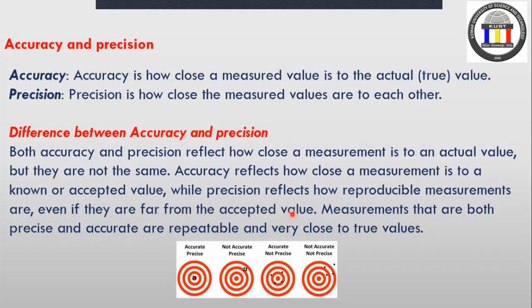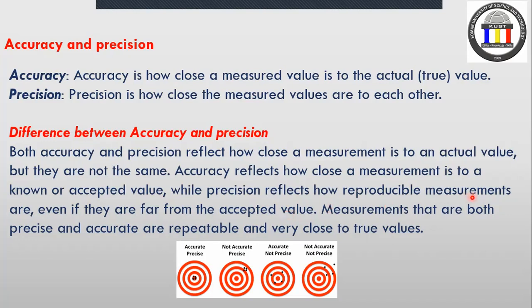So for example, you are doing the same experiment and measuring the gravitational force not one time but 2 or 3 or 4 times. They are far away from the actual value, but they are close to each other. That means you are precise, but not accurate.